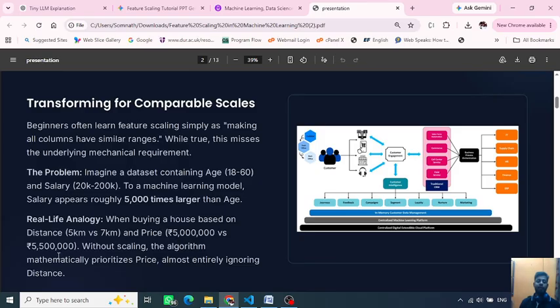Without scaling, the algorithm mathematically prioritizes the price almost entirely, ignoring the distance, because distance is a very low number, 5, 7, but price is very high. It will neglect the distance, but distance is a very crucial thing to decide the price of any house.